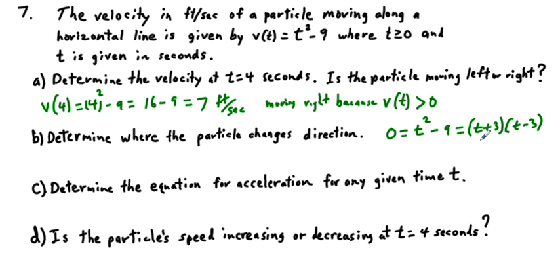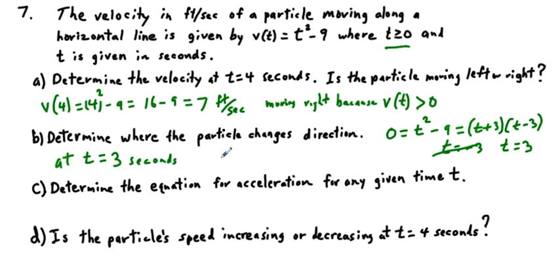And we see that the velocity will change direction where t equals negative 3 and also at t equals 3. But we're only interested in t greater than or equal to 0, so we're not interested in this negative 3. So we'll say the particle changes direction at t equals 3 seconds. And I haven't even proved that yet, really, have I?